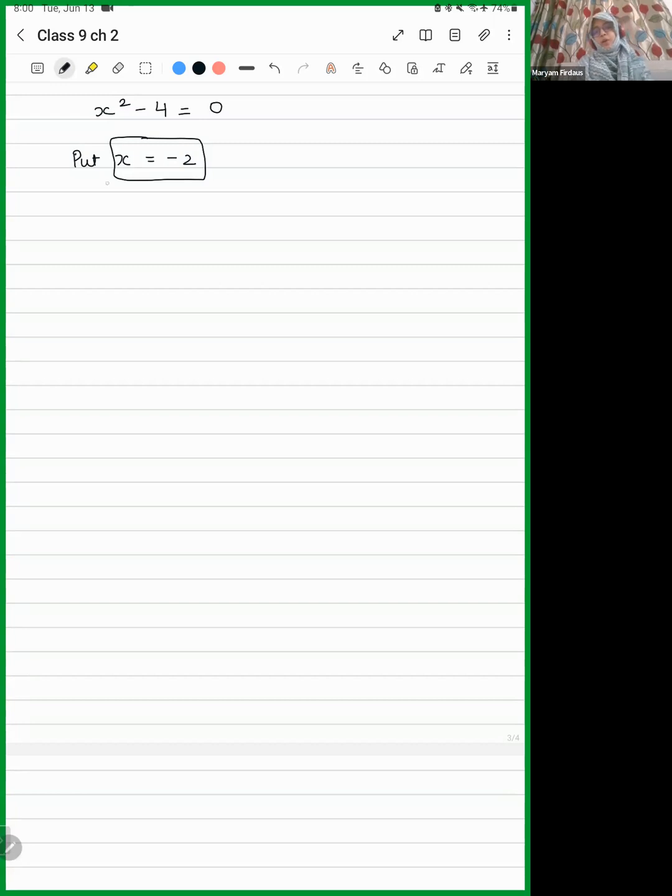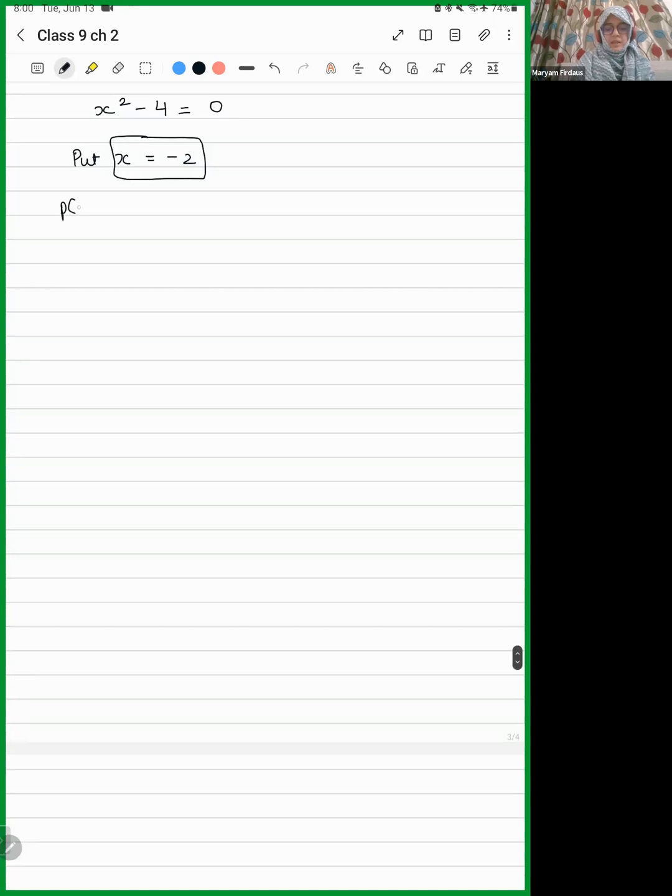We denote polynomials usually by p of x. That is the name of a polynomial. P of x means it is a polynomial in x. Let's say p of x is equal to x square minus 4.